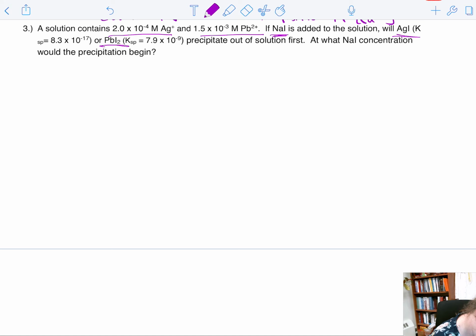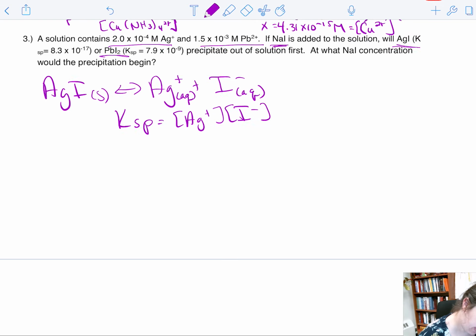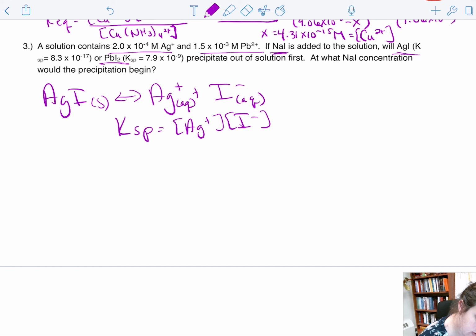So we start out with silver iodide. When that dissolves, it produces silver ions and iodide ions. So we'd see that our Ksp for this is equal to Ag plus times I minus. We then are going to put our Ksp into here along with our silver concentration.